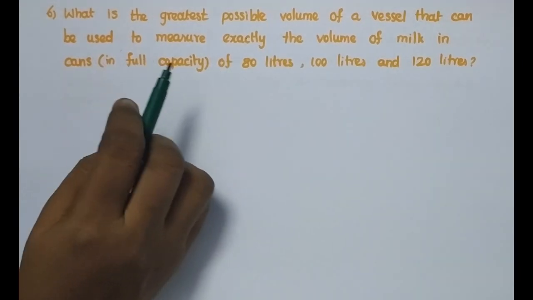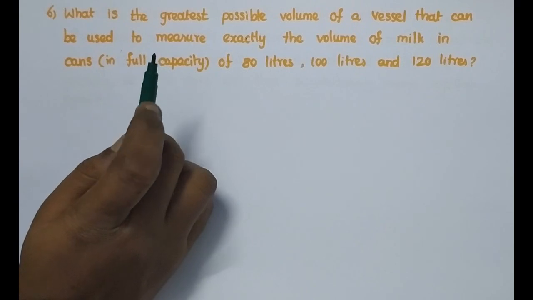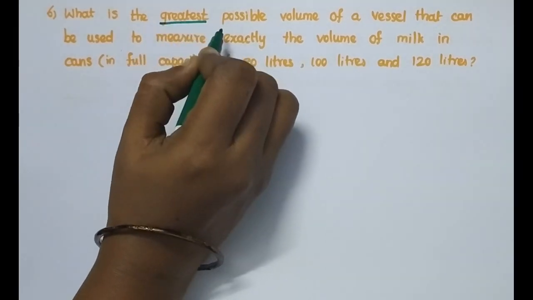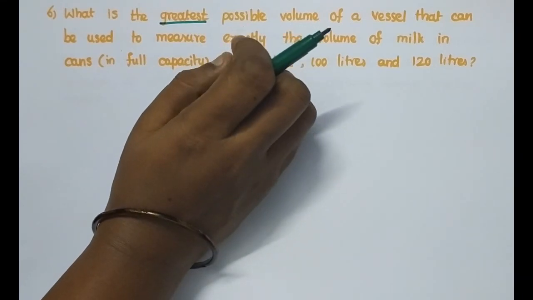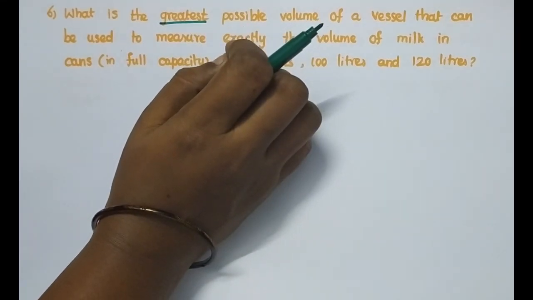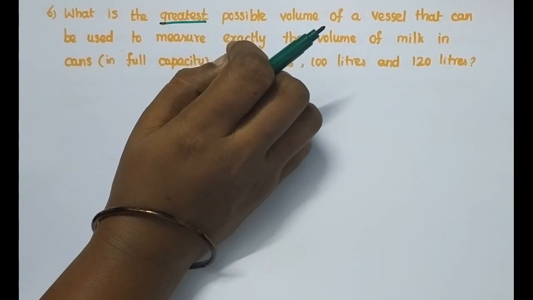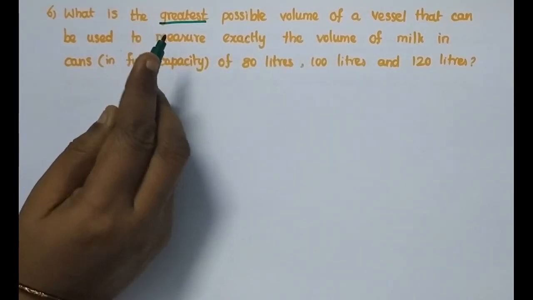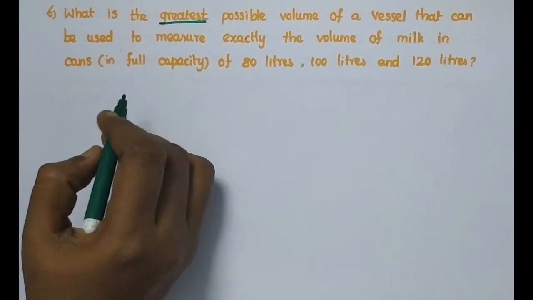Listen here. Greatest, highest means we have to find out the HCF. Smallest, least, that means we have to find out LCM. Now they given greatest, so we have to find out the HCF.